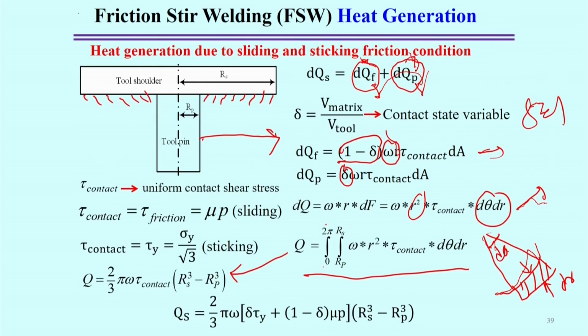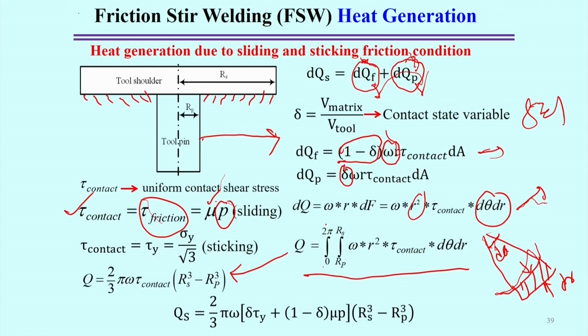We have defined two different conditions at the contact surface: the sliding and the sticking conditions of friction. For the sliding friction condition, tau friction equals mu into P, where mu is the coefficient of friction and P is the pressure.